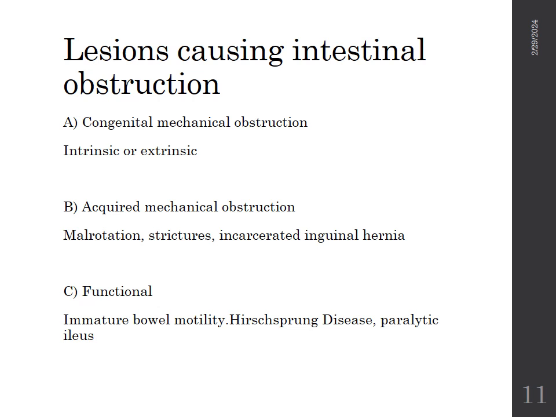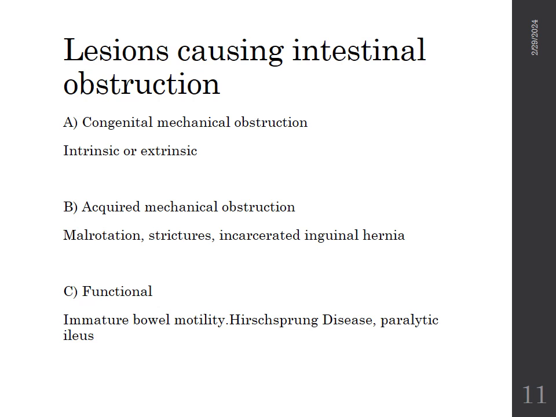Congenital cases may be due to intrinsic or extrinsic factors, and acquired mechanical obstructions include malrotation, strictures, and incarcerated inguinal hernia. There is also functional obstruction, such as immature bowel motility in preterms, or Hirschsprung disease, because this is a functional problem, or paralytic ileus, and we see these cases in our neonatal ICUs.